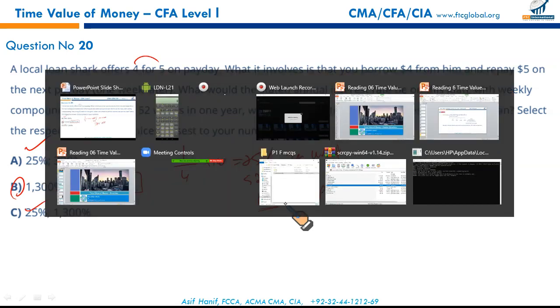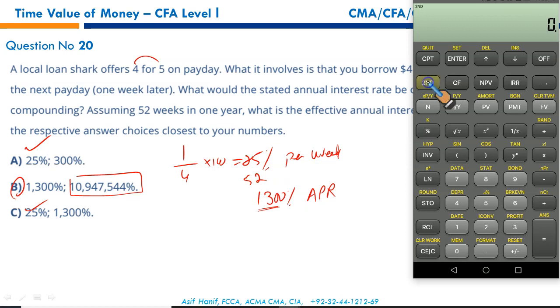Okay, here we go. Second, interest rate conversion. Nominal rate is 1300. Enter, up. Compounding: how many weeks are there in a year? 52. 52 compounding periods in 1 year.